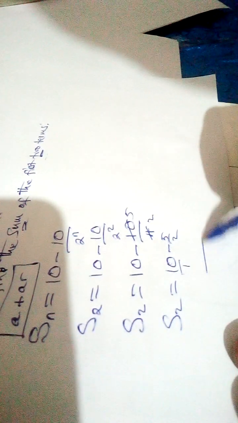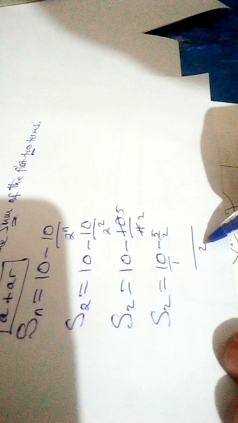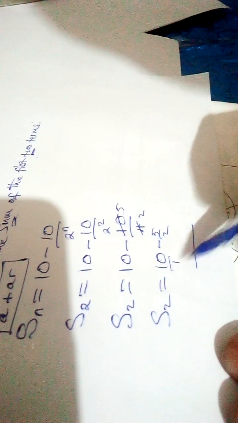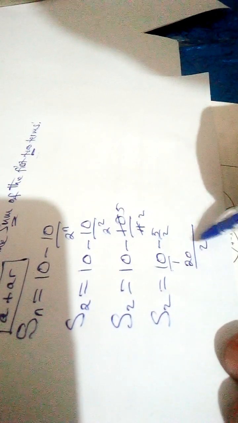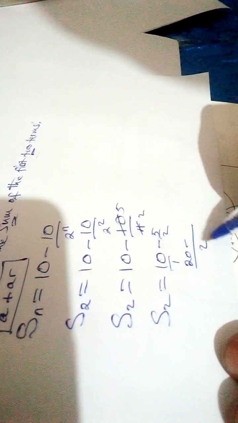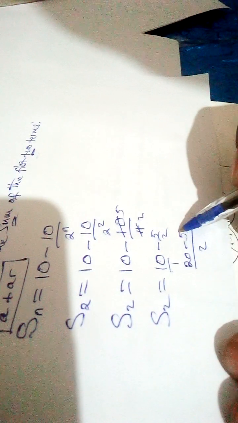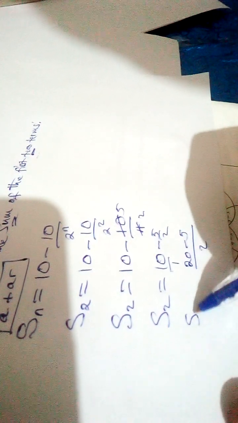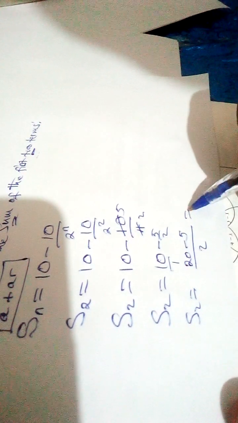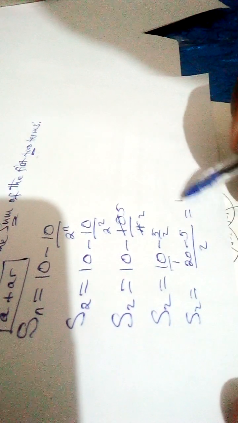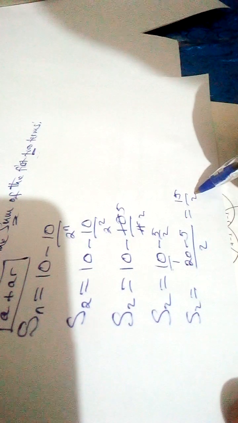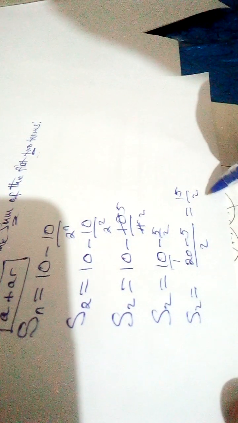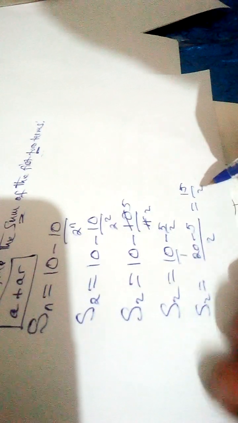If you simplify this, the LCM here is 2. 1 into 2 is 2, 2 times 10 is 20, minus 2 into 2 is 1, 1 by 5 is 5. So S2 is 20 minus 5, that is 15 over 2. So 15 over 2 is the sum of the first 2 terms.